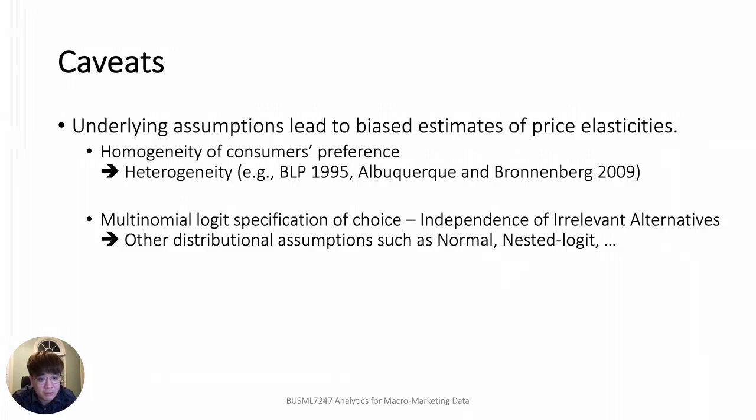Due to this property, the price elasticity becomes a function only of the market share, which is very restricted. To resolve it, other distributional assumptions such as normal and nested logit can be used instead of the multinomial logit. But using those alternative distributions leads to the loss of the computational convenience. The share inversion does not provide a simple linear equation to be estimated.